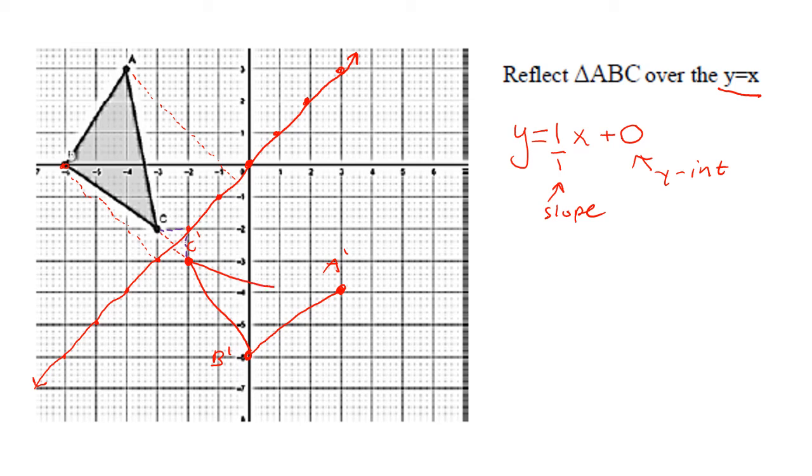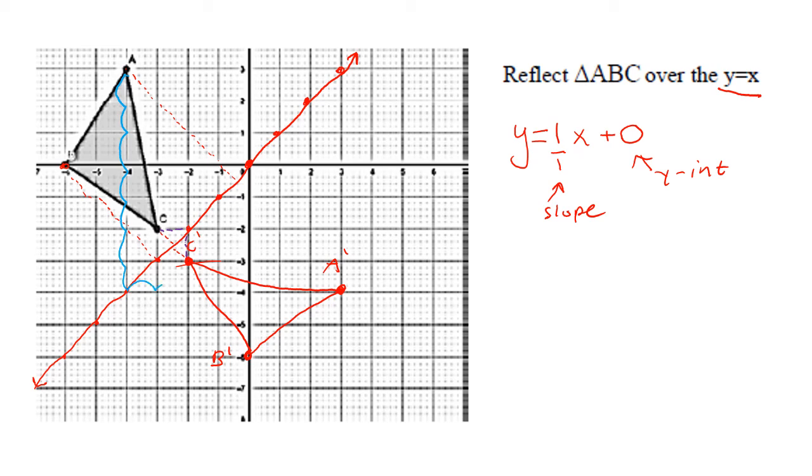And you can think about it however makes sense to you. If I were to, again, go back to this last point A, I was exactly 3.5 diagonal units away, but if I were to count straight up from my line of reflection, and again, I'm going to grab a different color here, I am 1, 2, 3, 4, 5, 6, 7 units straight up.